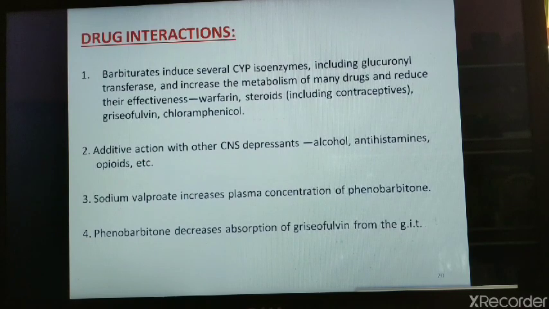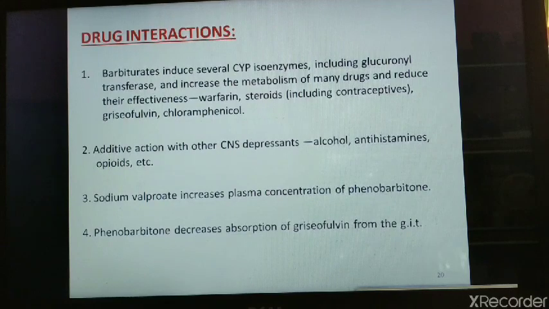There are several drug interactions of barbiturates, as we have studied for benzodiazepines. Barbiturates have additive action with other CNS depressants, similar to benzodiazepines, like alcohols, opioids, etc. Sodium valproate increases the plasma concentration of phenobarbital. Phenobarbital also decreases absorption of the antifungal drug griseofulvin from the gastrointestinal tract.